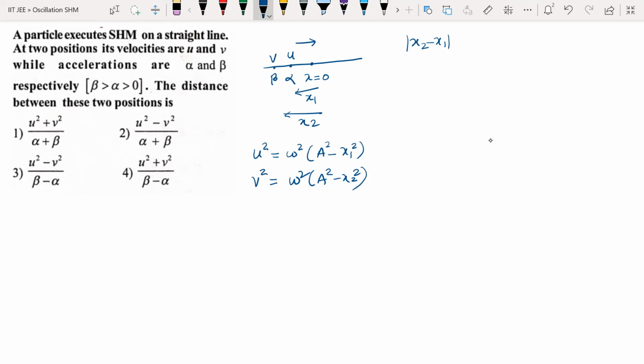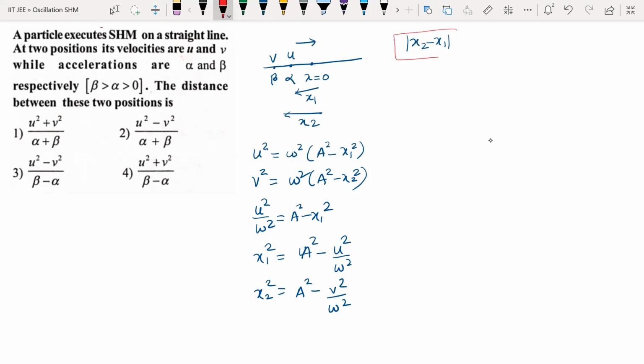So let's solve these equations. u square by omega square is a square minus x1 square, so x1 square will be equal to a square minus u square by omega square. Similarly, x2 square will be equal to a square minus v square upon omega square. We have to arrive at this kind of expression.